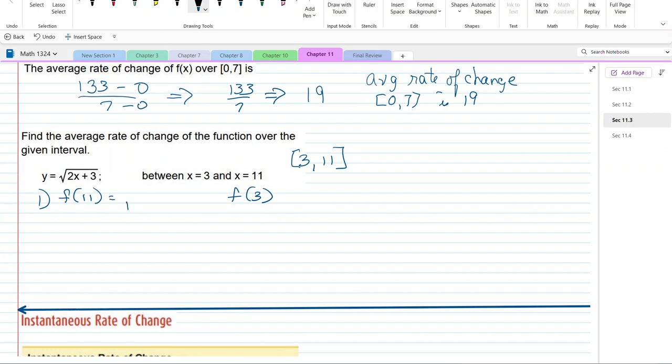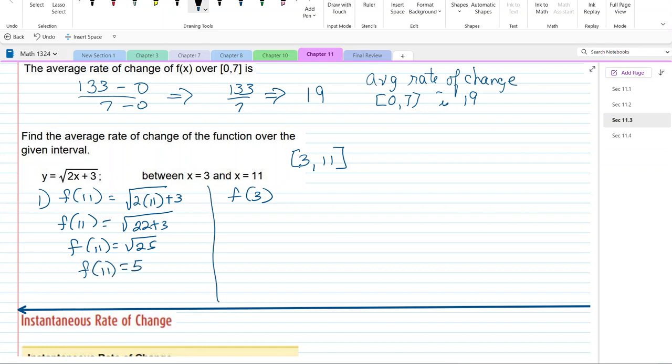So I'm going to have the square root of 2 times 11 plus 3, 22 plus 3, 25. So f of 11 is 5. The square root of 25 is 5.